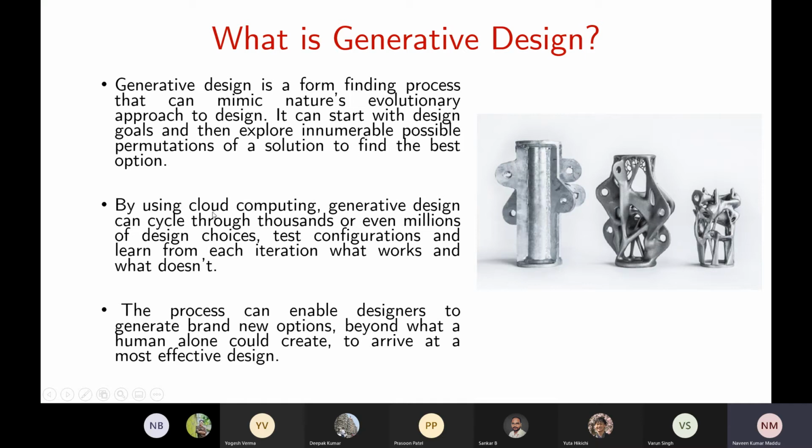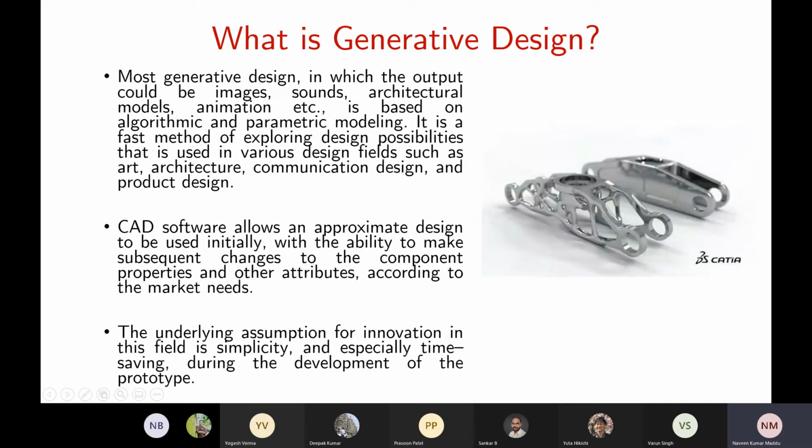Of course it uses cloud computing, and nowadays as machine learning and artificial intelligence have grown, it's using AI also, and it is trying to generate thousands of designs, and out of that you can filter out the important ones, and then you can test them and use them. So this is how generative design works. You can see here, this is the chassis of a car.